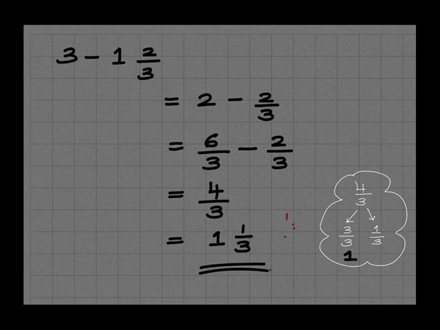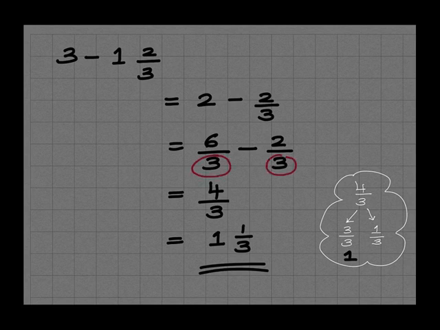So the equivalent fraction for 2 is 6/3. Okay. Instead of 2, let me substitute 6/3 and write the same fraction down here, 2/3. So now we have to subtract 6/3 minus 2/3.